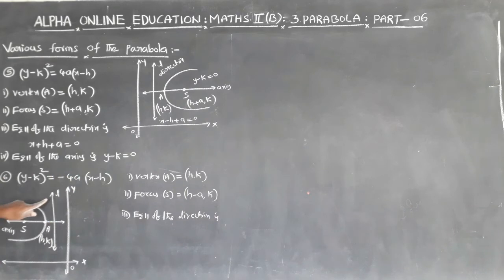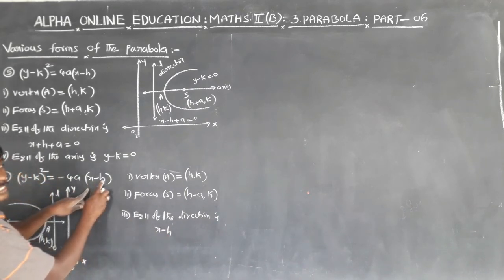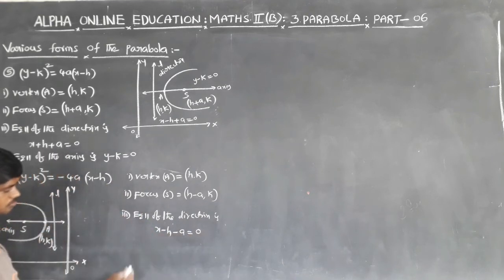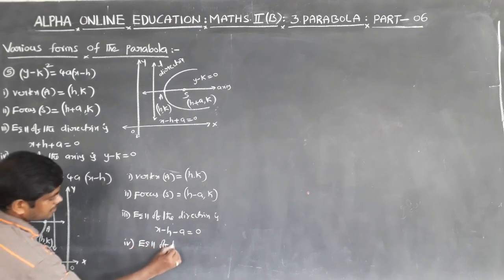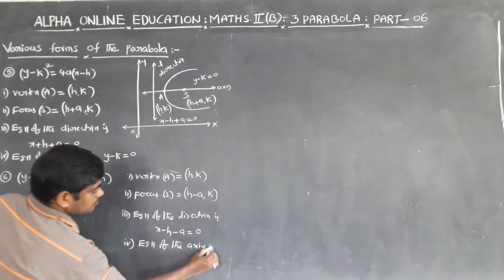Equation of the directrix is x minus h minus a is equal to 0. Fourth one is the equation of the axis.